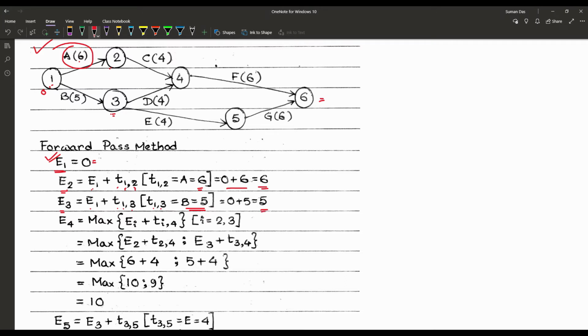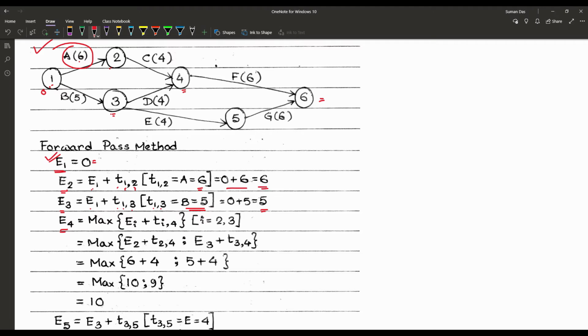Now we are calculating the E4, that means to the node 4, and when to the node 4 we have, there are two nodes, from 2 and 3 we can reach to the node 4 using the activities C and D respectively. So what is the formula here?